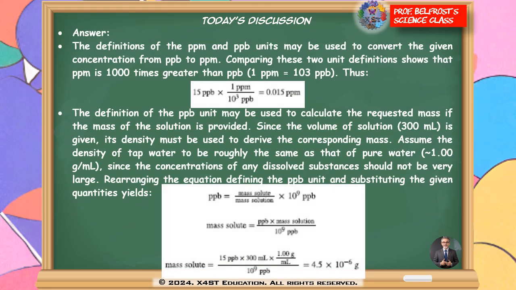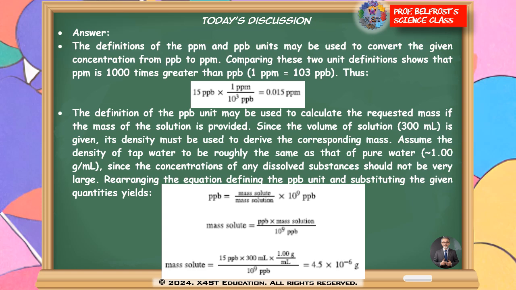Here's the solution. By the definition of ppm and ppb, the units may be used to convert the given concentration from ppb to ppm. 1 ppm is actually 10 to the power of 3 ppb, so it gives us 0.05 ppm. Since the volume of solution is given, its density must be used to derive the corresponding mass.